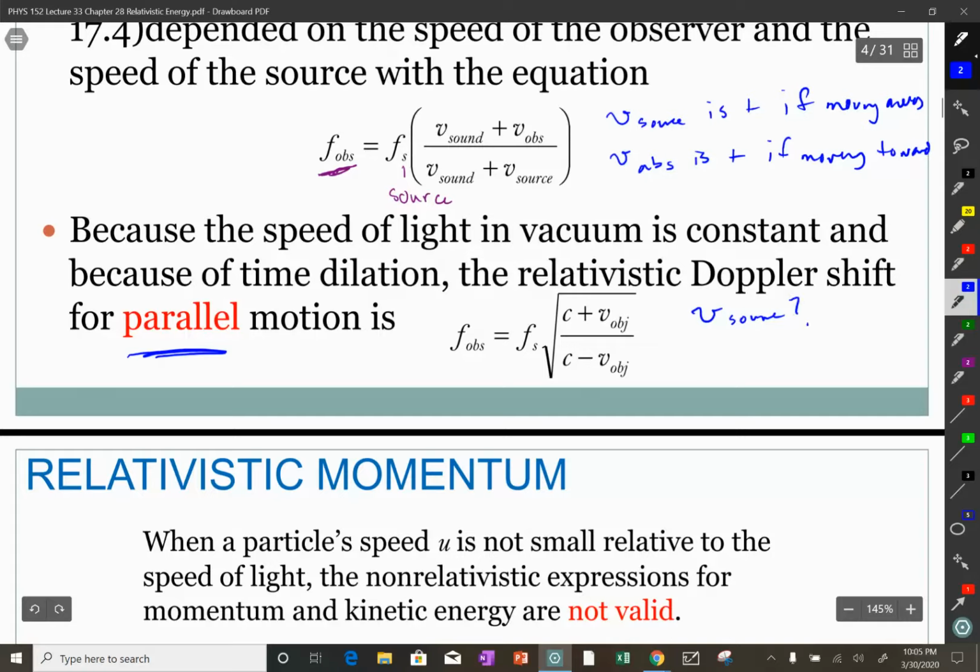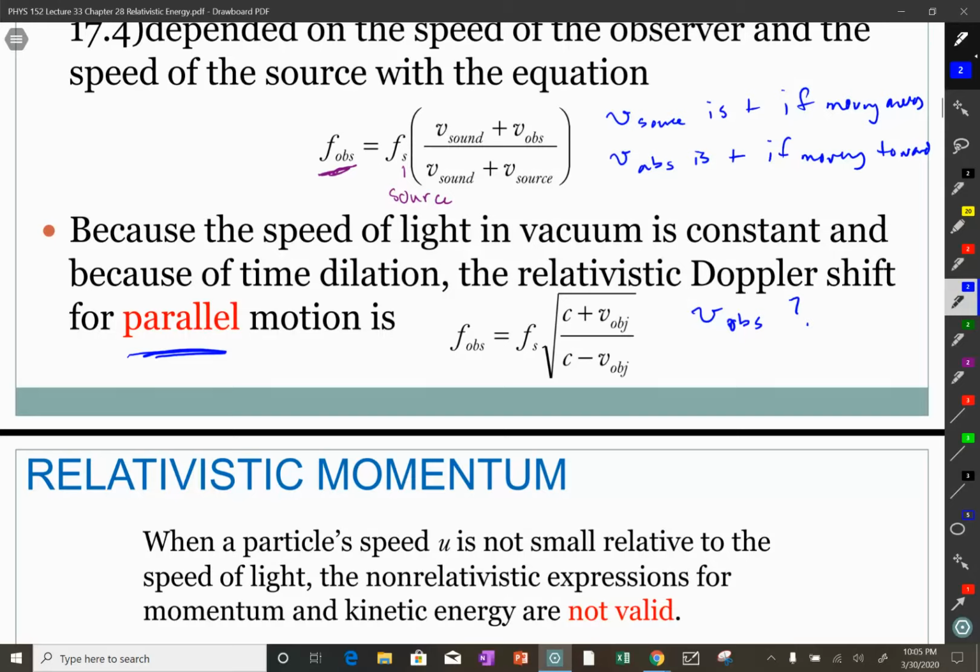That's because we had that principle of relativity that said that any inertial reference frame is equivalent. So V source, I meant V observer, is effectively always zero. There's nothing about V observer because the observer is stationary in his or her reference frame.